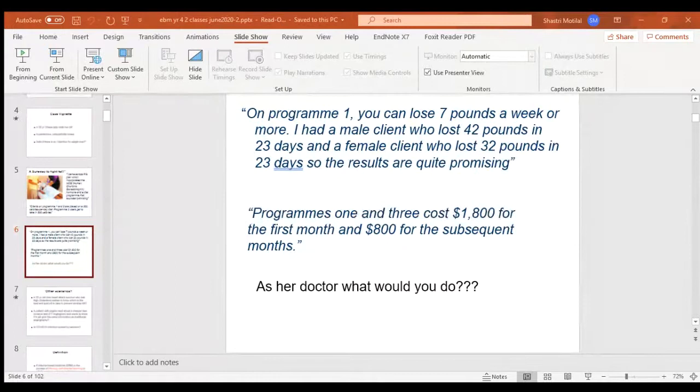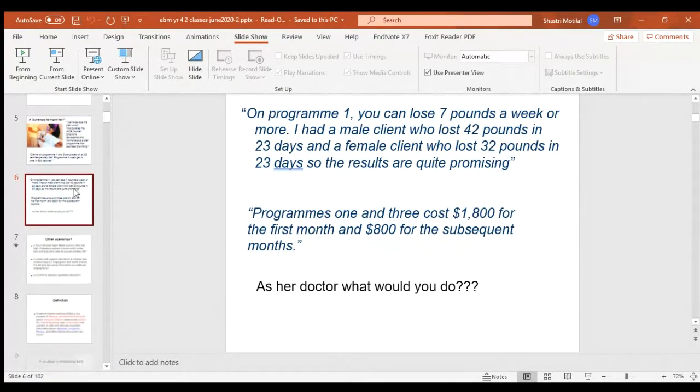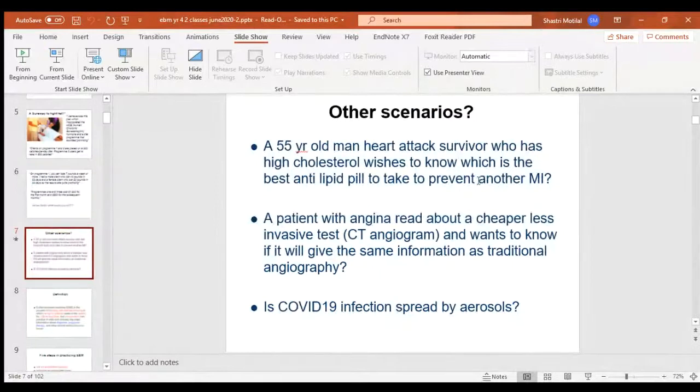And on the other slide, what I actually put was some other scenarios. A person had a heart attack and they want to know which is the best cholesterol medicine to use. Should you take Lipitor or Crestor or similar? Which one is the best one to use?